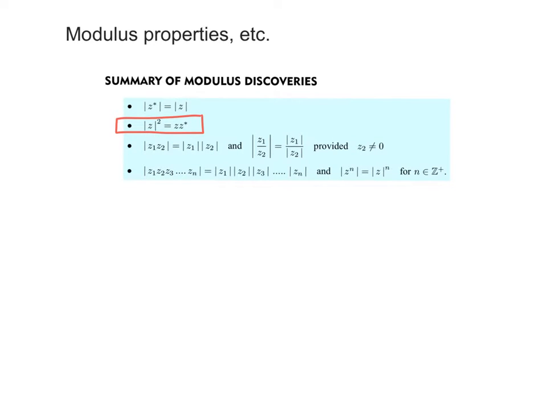What they're saying here is that the modulus of the complex number squared is equal to the complex number times its conjugate. So let's say that z is equal to a plus bi, and therefore z star must be a minus bi.